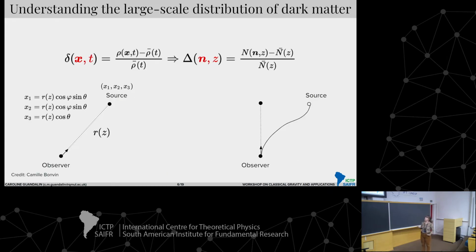So another interesting thing to do is that, okay, when you look at here, this is your Cartesian coordinates, for example, at some fixed time. But what we actually observe is some angles in the sky, so theta, phi, and some redshift that you measure from some galaxy survey. And this is a credit from Camille Bonvin's talk.